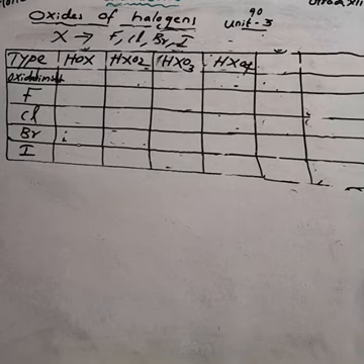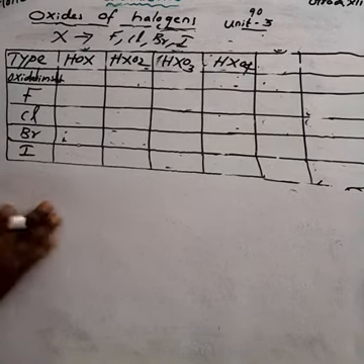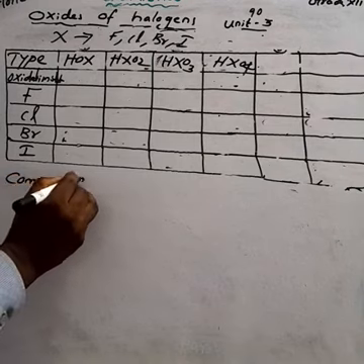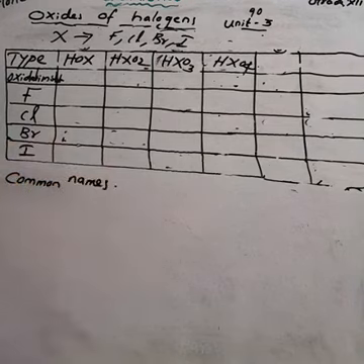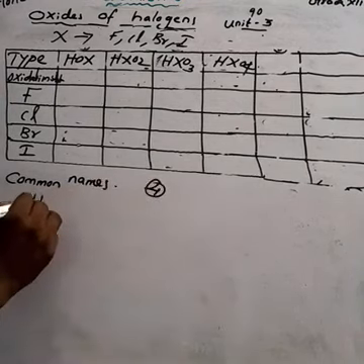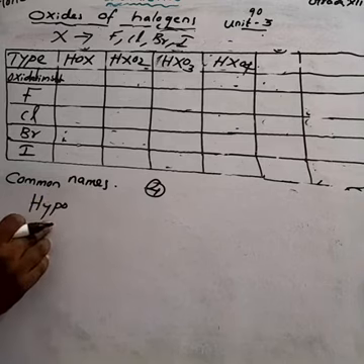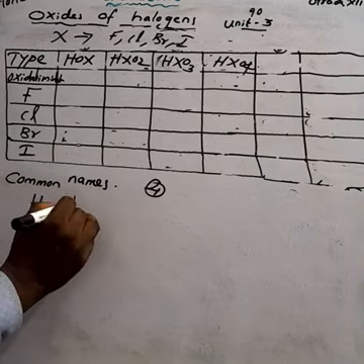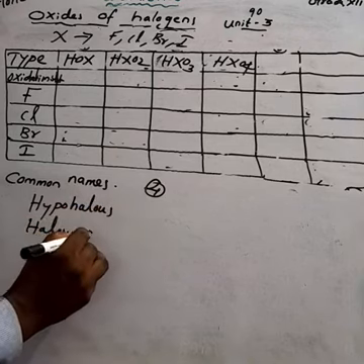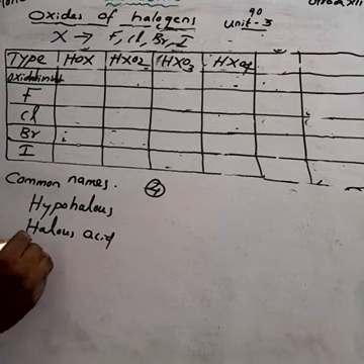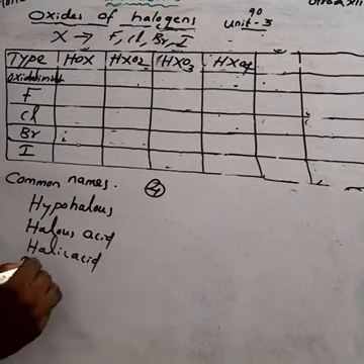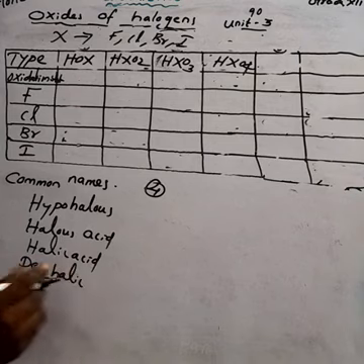Before that, we have to learn the common names of oxoacids of halogen. I am giving 4 common names. One is hypohalous acid. Second one, halous acid. Third one, halic acid. Fourth one, perhalic acid.